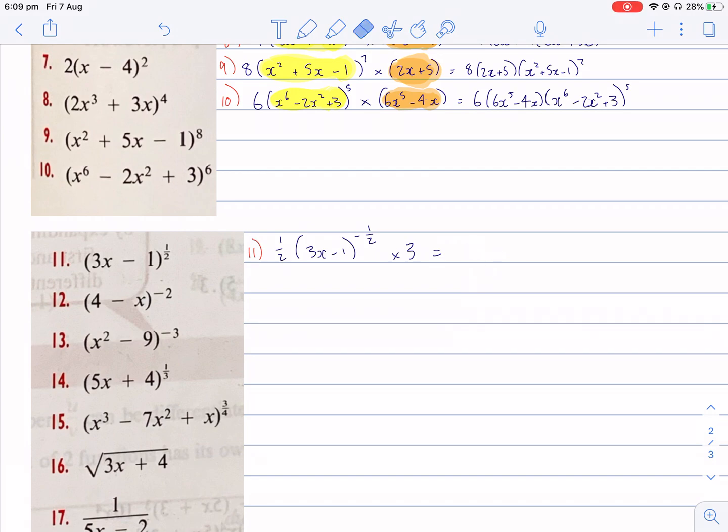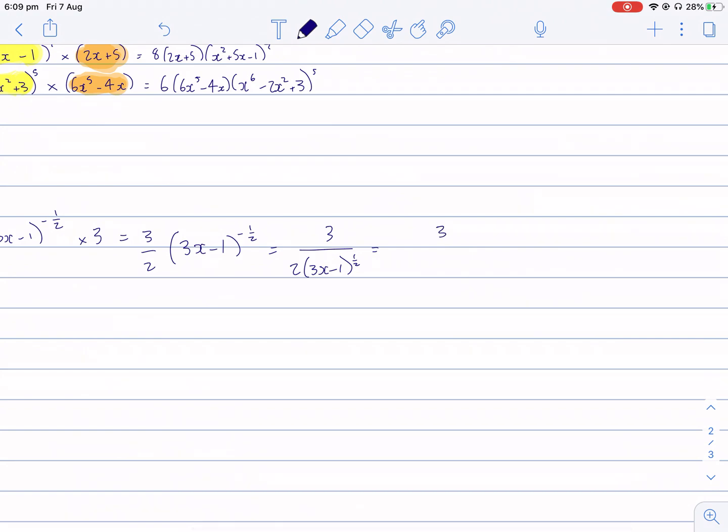If we want to write this properly, that would be 3 on 2 root 3x take 1. Oh, I got that wrong. No, I didn't. 3x take 1 to the negative half, which means we've got 3 on 2, 3x take 1 to the half, which means we've got 3 on 2 root 3x take 1.